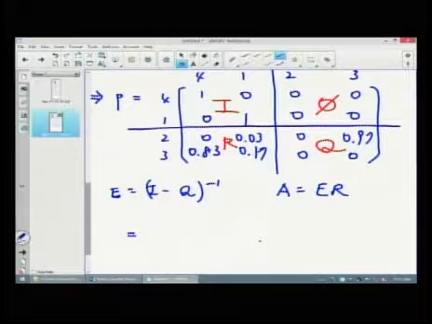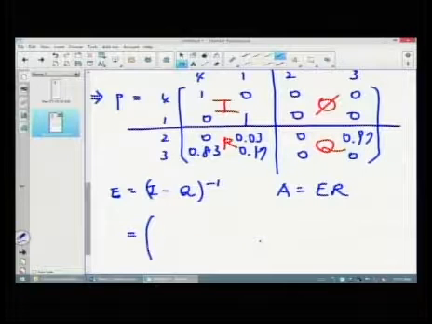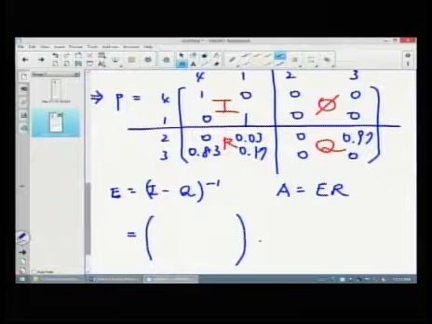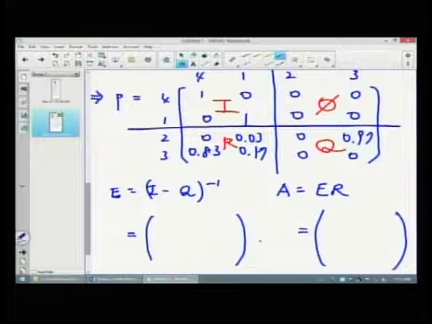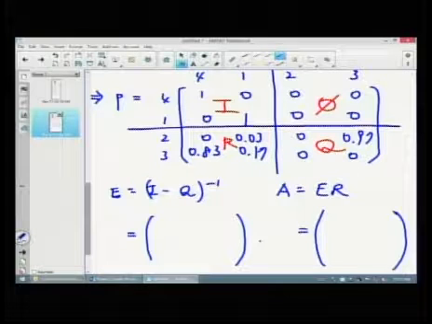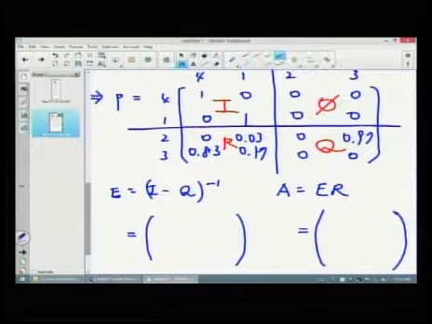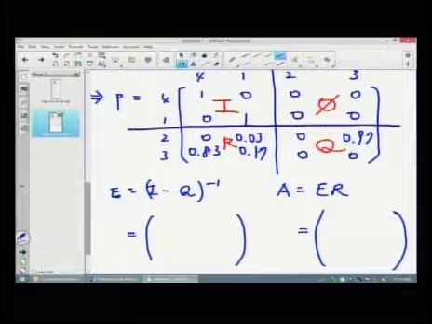Did you get the number? Both should be 2 by 2 matrix, right? 4.3. Did you get it?